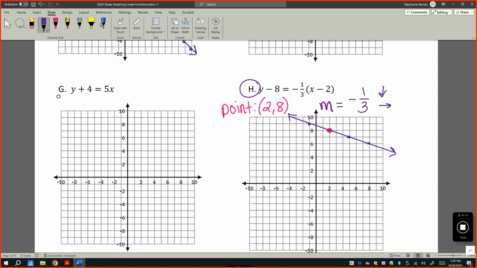Okay. Now, we look at G, I don't know what form that is. So here's what we're gonna do. I want you to take a few seconds and think about, if you had to make a choice, is it slope-intercept or point-slope? Make a choice in your head, and then I'm gonna have you talk with somebody else about it. So take about 10 seconds and make a choice in your head.